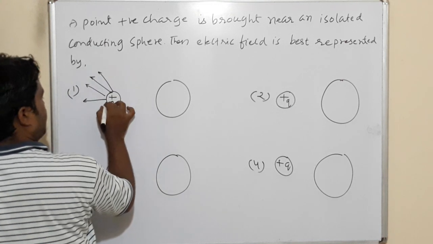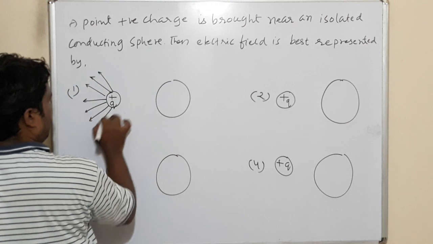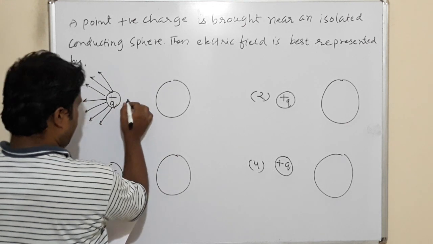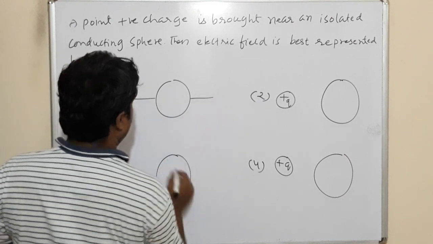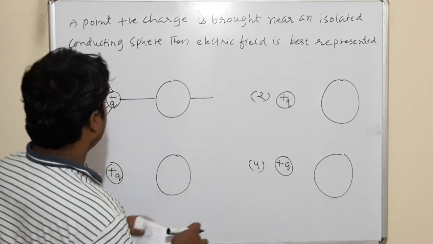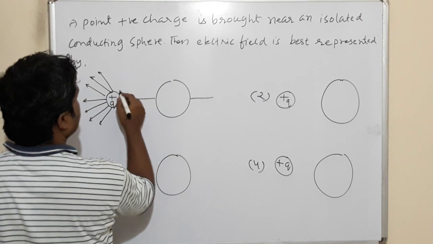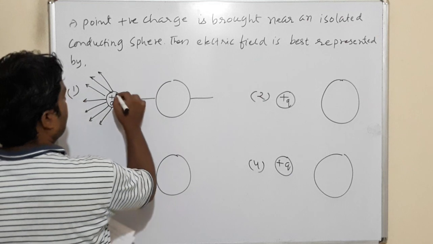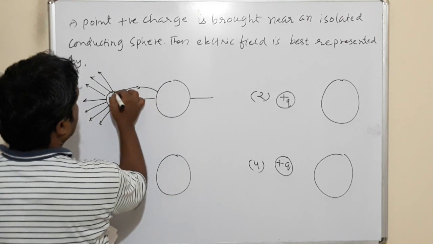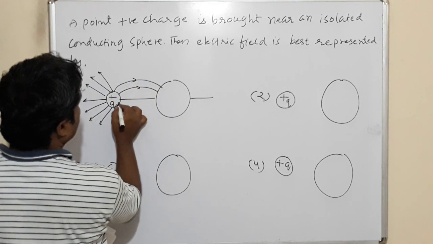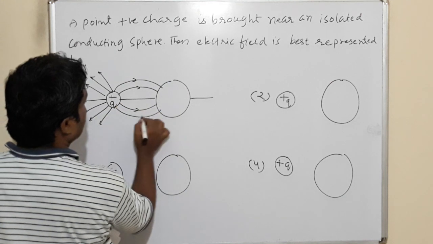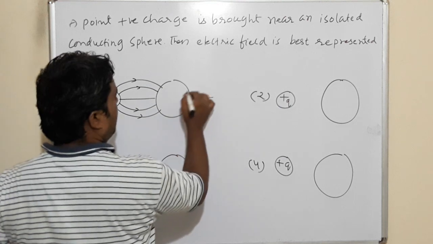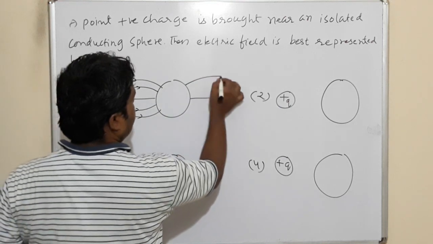You can refer to the NCERT example for this also. Okay. Here the picture is there. More number of lines you can also see, depending on this again lines are going like this.